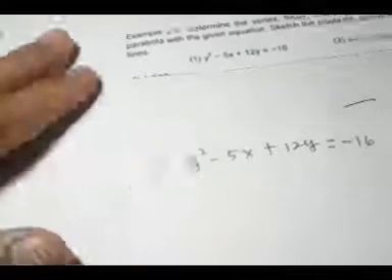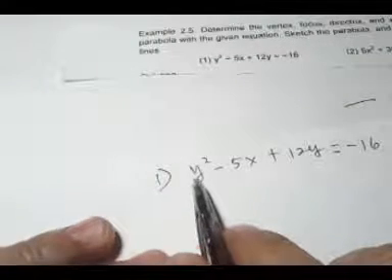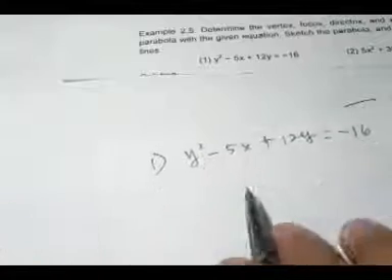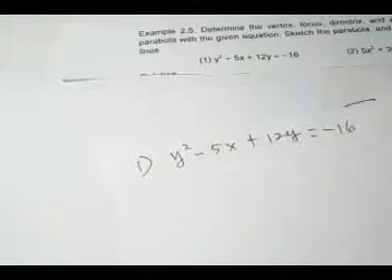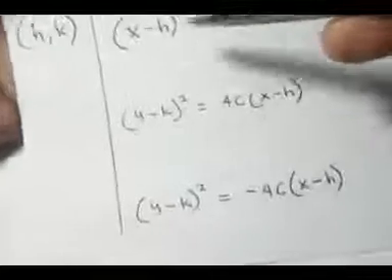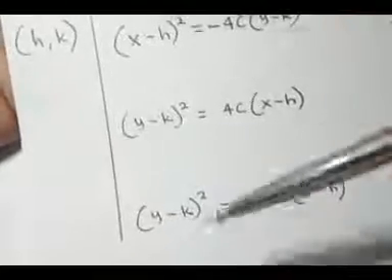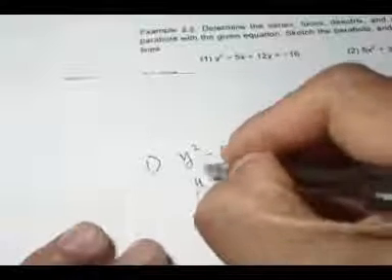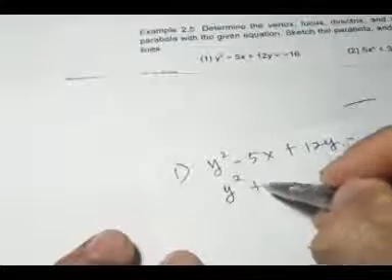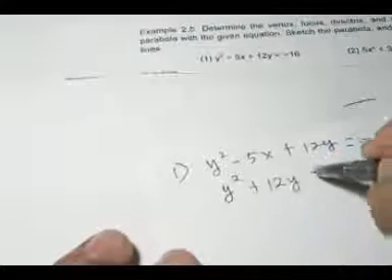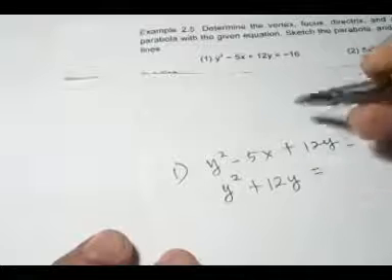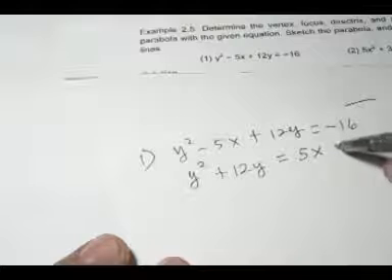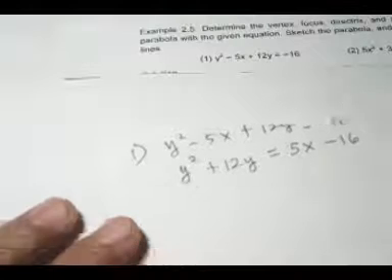Take note that y is the variable being squared, so it must be at the left, because all squared terms are at the left side of the equation. So y squared plus 12y equals negative 5x, which when transferred to the right becomes positive, minus 16.